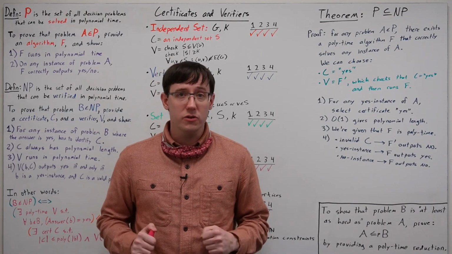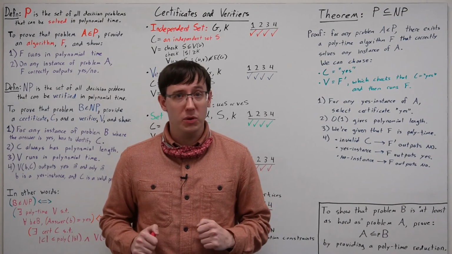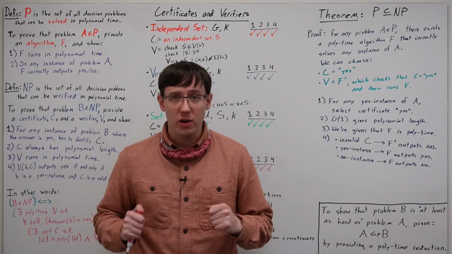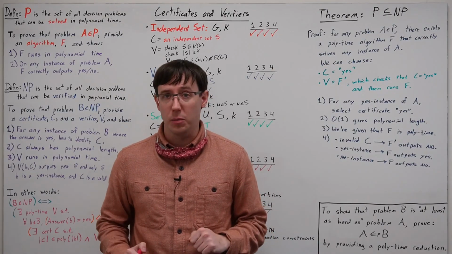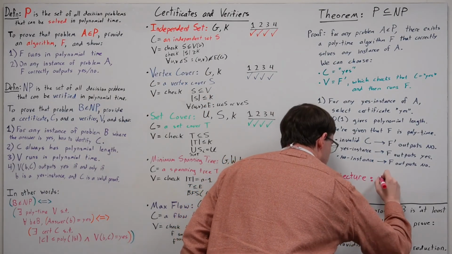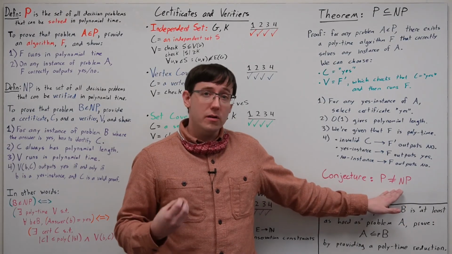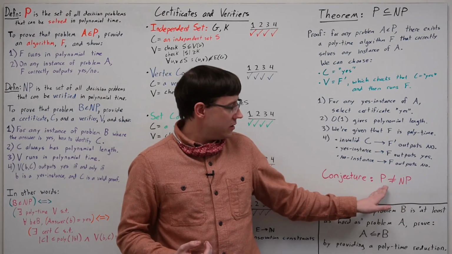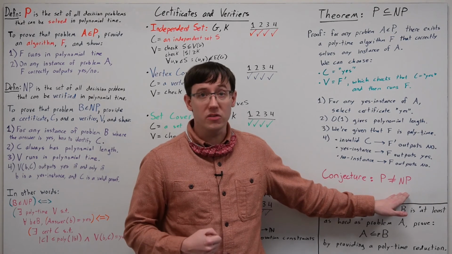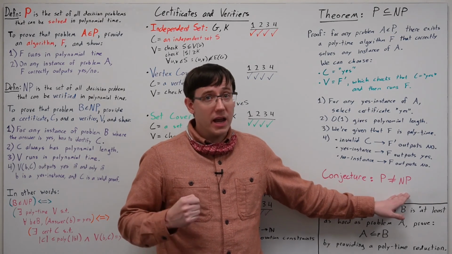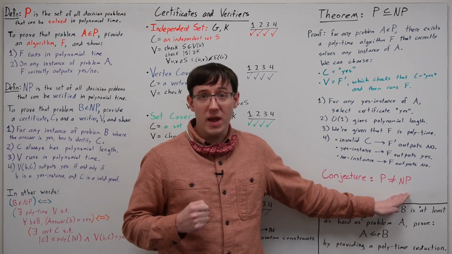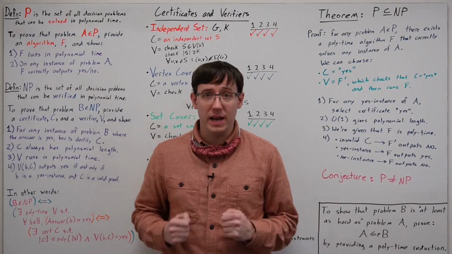And this leads us to the most famous open problem in computer science, which is the conjecture that P is not equal to NP. There is a lot of reason to believe that these sets are likely to be distinct, but we do not yet have a proof, despite this problem having been open for many decades.